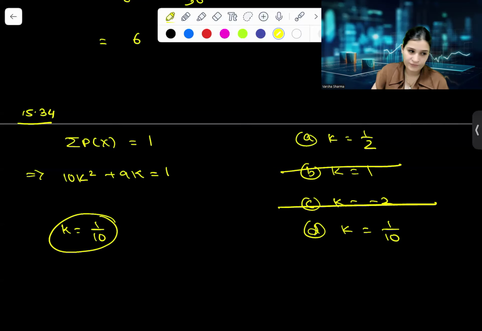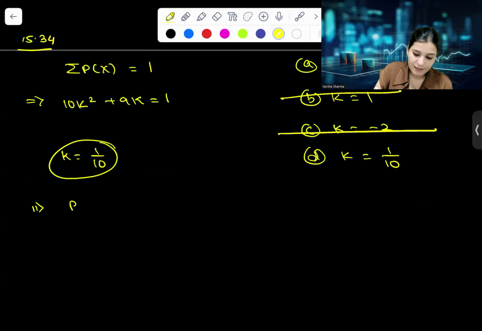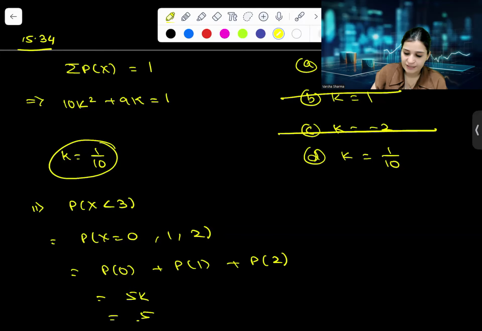Then it asks us, second, probability x smaller than 3. That means x can be 0, 1 and 2. Add their probabilities, 0 plus 1 plus 2. That is 5k. Now put the value of k, that is 5 by 10.